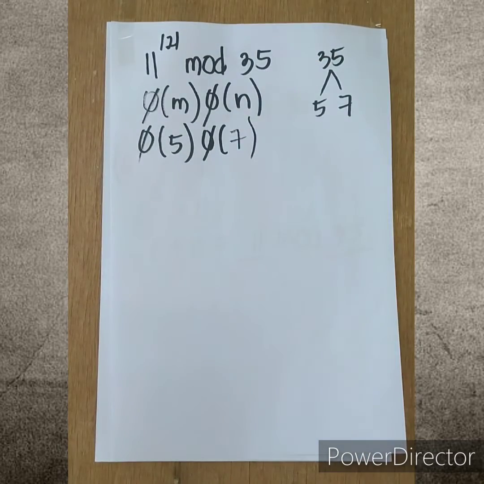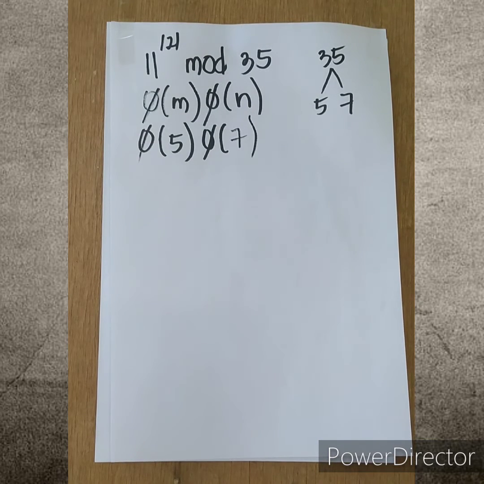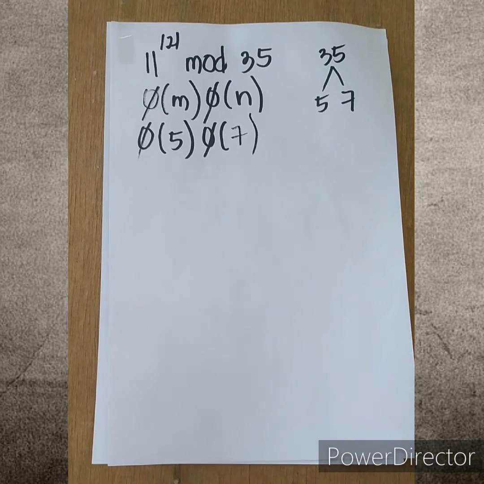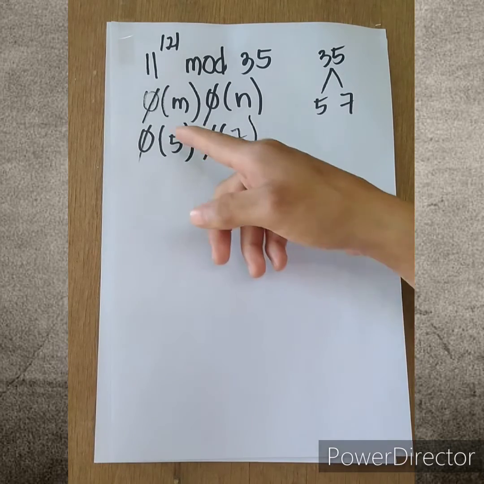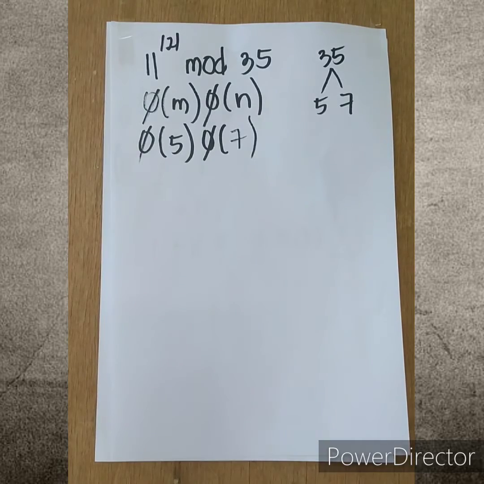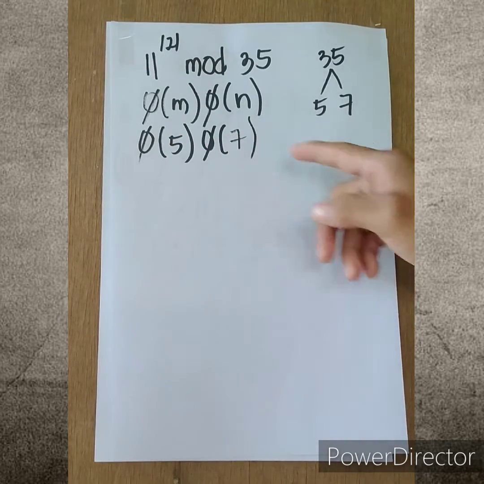In this case, we will also use rule number 1, which is p minus 1, where p is the prime factor. So the 5 and 7, we will reduce these two by 1.